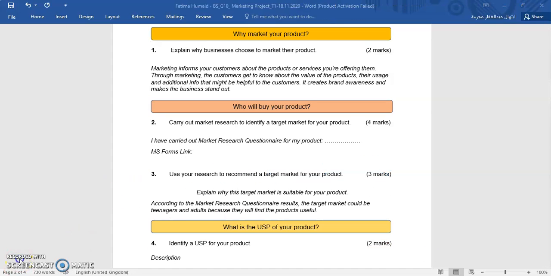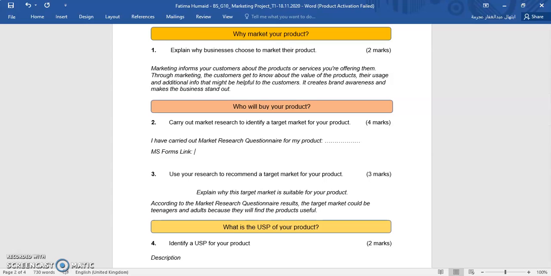You're going to answer the second question in this way. I have carried out a market research questionnaire for my product, which is, so here you're going to write the name of your product, and after that you're going to write down the link for your Microsoft form.